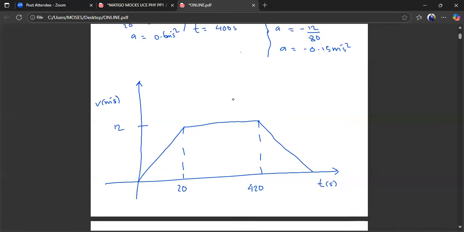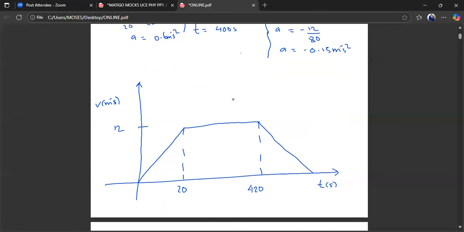In how many seconds? In 80 seconds. So we shall have 420 plus 80, which will give us 500. The time supposed to be here is the total time. So this is going to be our velocity time graph, or our motion graph. So here we have area 1 for the first stage, area 2 for the second stage, and area 3 for the last stage.